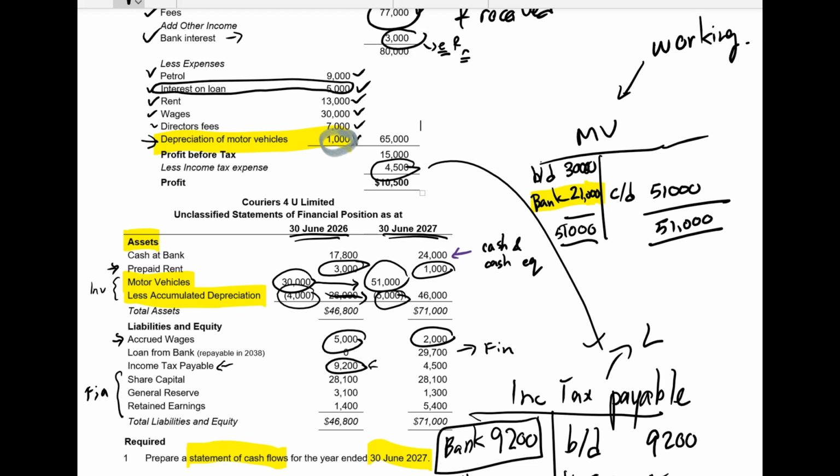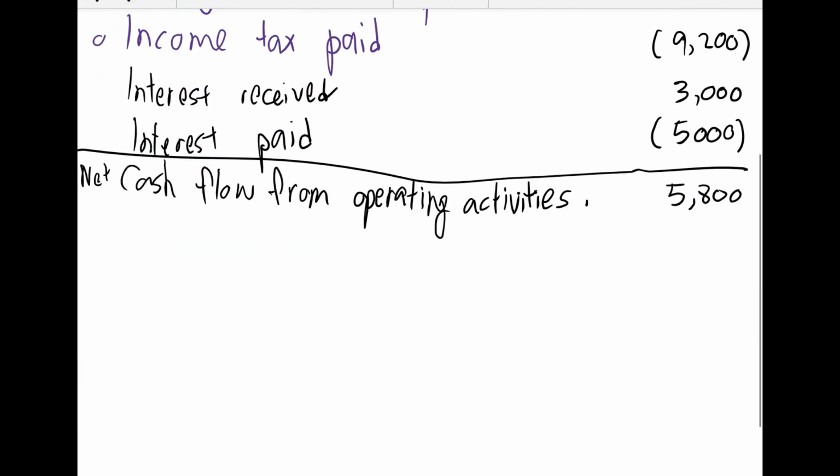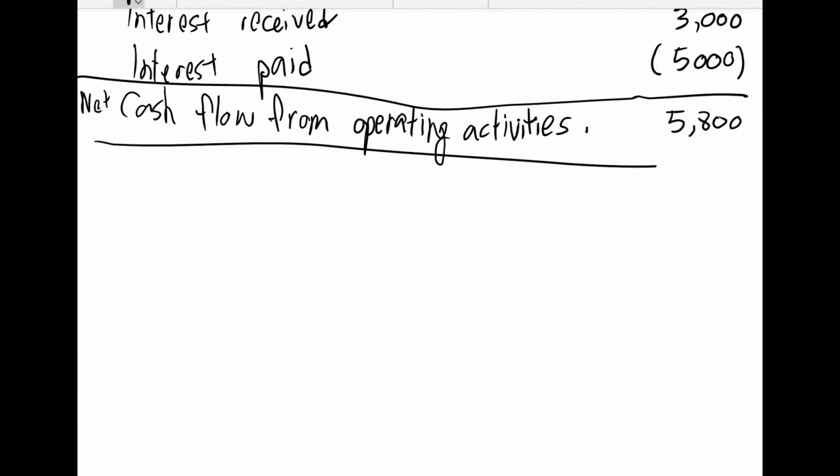Okay. So under the statement, you would have cash flow from investing activities.